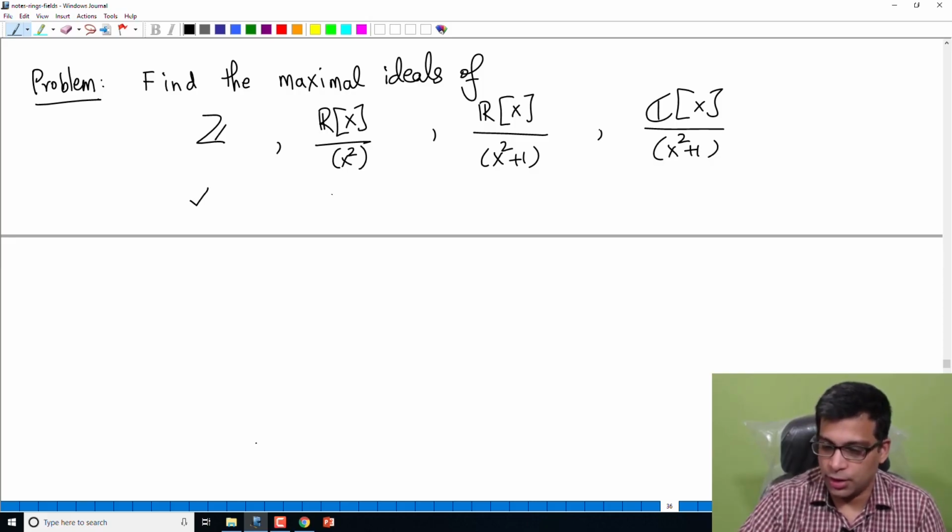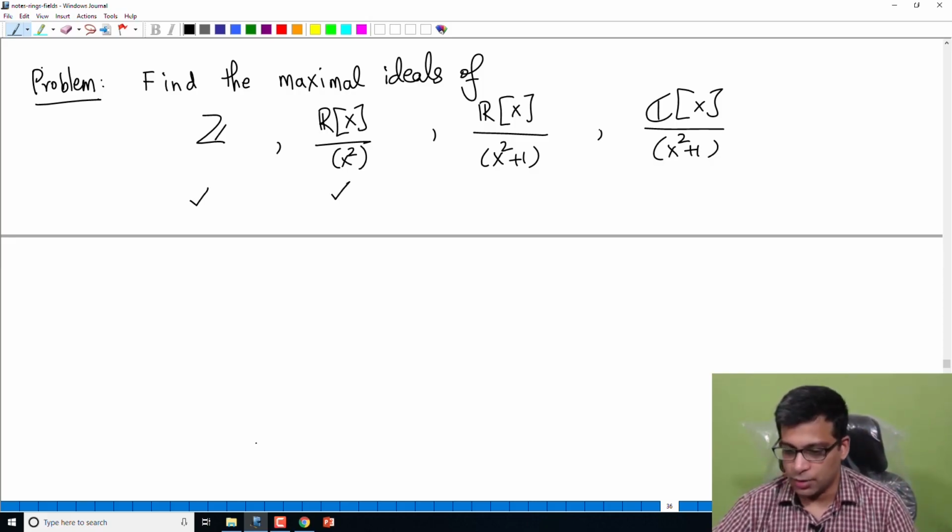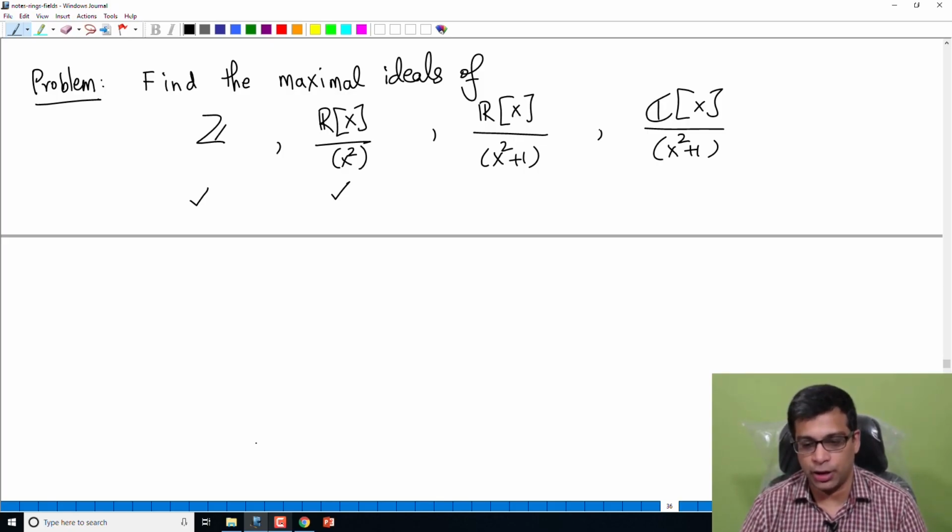So we have already done this, and for the second problem, the crucial idea was the correspondence theorem, which says that if you have a ring R, an ideal I in it, and the quotient ring R mod I, there is a bijective correspondence between ideals of R that contain I and the ideals of R mod I. And this bijection, in fact, carries over to prime ideals as well as to maximal ideals.